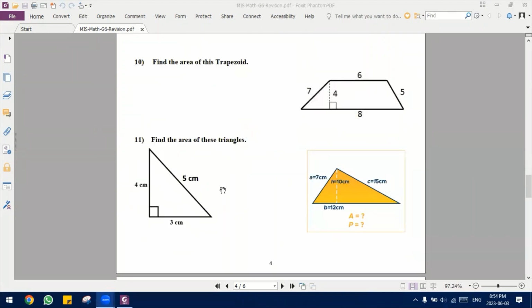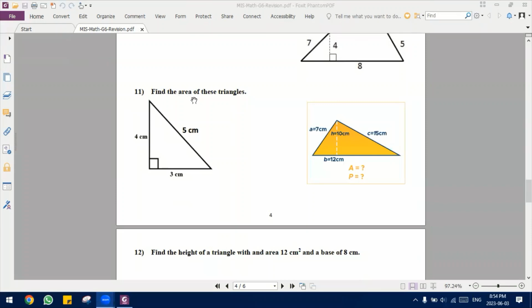Now, next question, find the area of these triangles. For the triangle, also we need to memorize its formula. If you need to memorize it, let me complete this triangle and make it a rectangle. Like this.